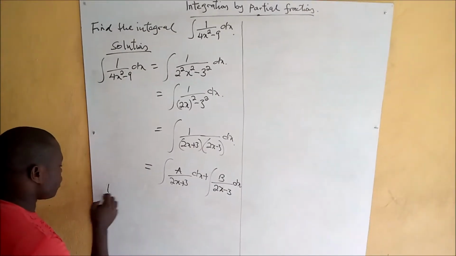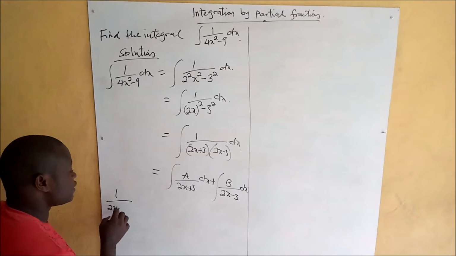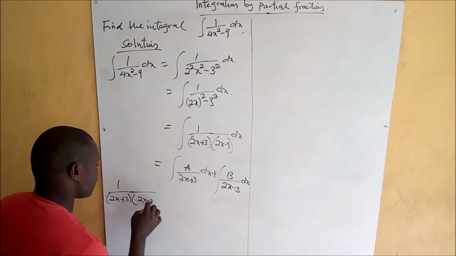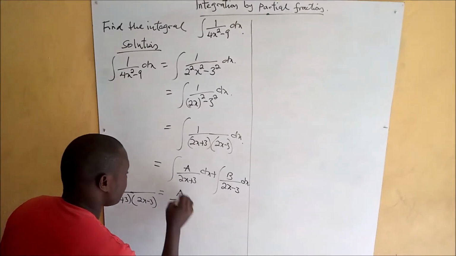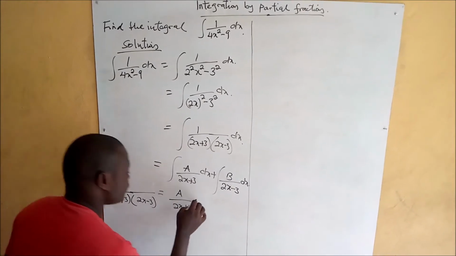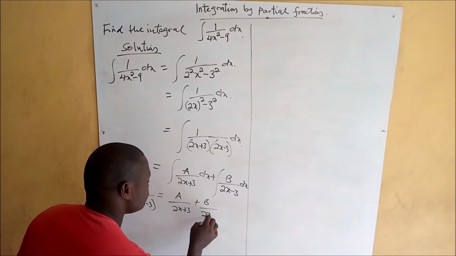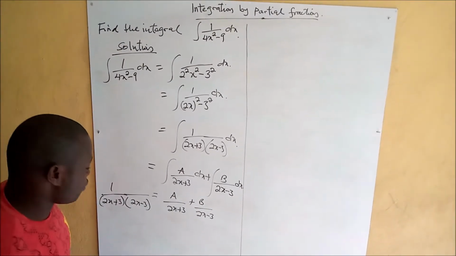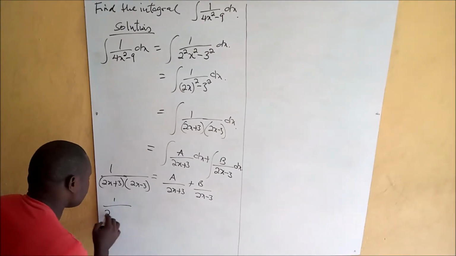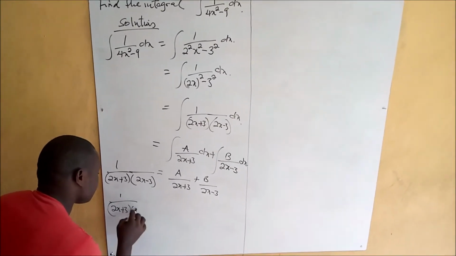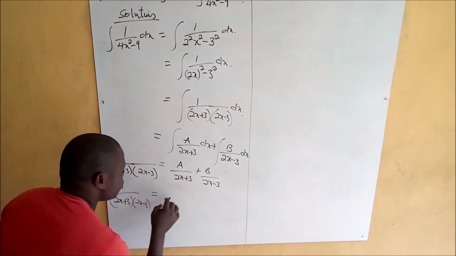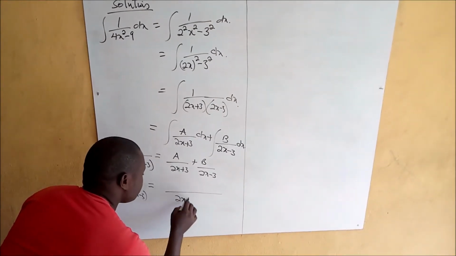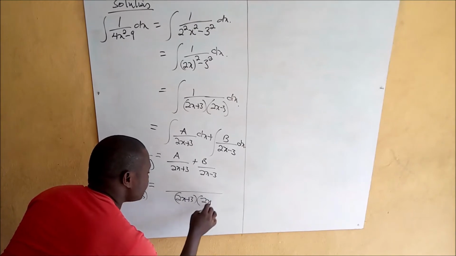So 1 divided by (2x plus 3) times (2x minus 3) will be equal to A over 2x plus 3, plus B divided by 2x minus 3. Remember, we are looking for the values of A and B. Here 1 over (2x plus 3)(2x minus 3) is equal to the LCM of 2x plus 3 and 2x minus 3, which is (2x plus 3) multiplied by (2x minus 3).